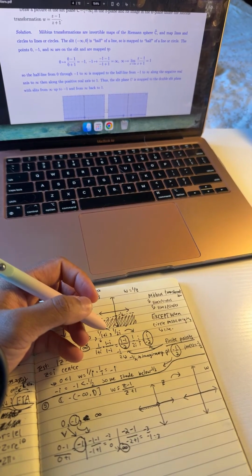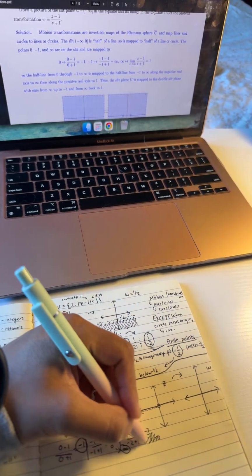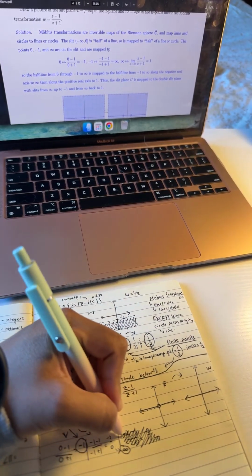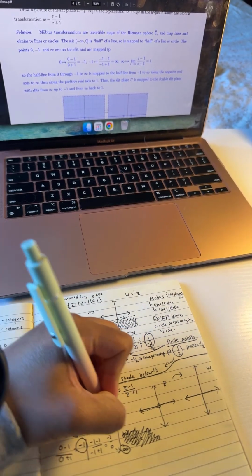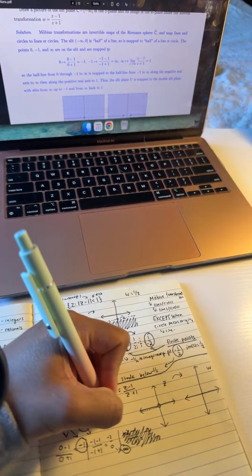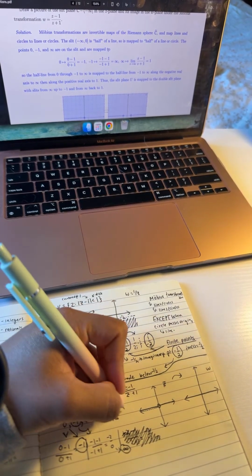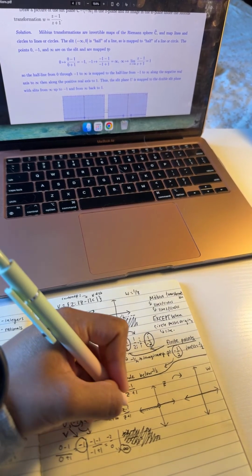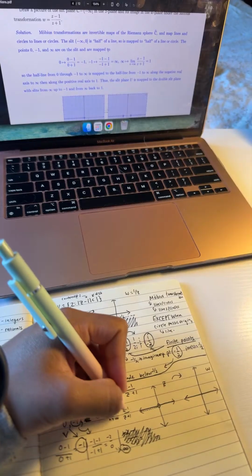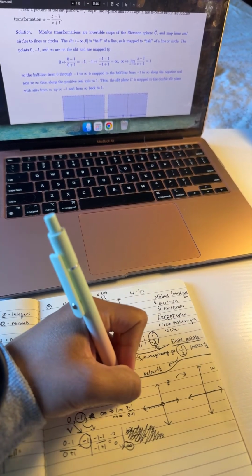When we do infinity, we take the limit as z goes to infinity of the Mobius transformation z minus 1 over z plus 1. We transform this by multiplying each of the terms by 1 over z for the top and the bottom.